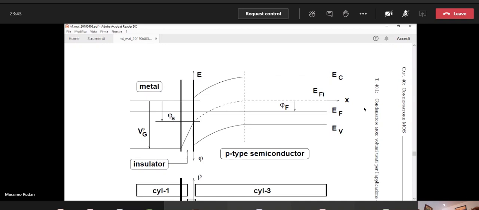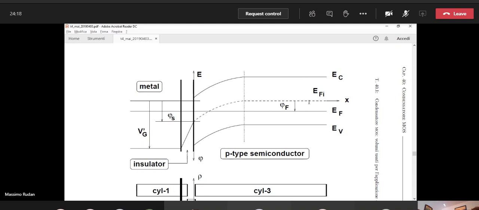In this figure, we assume that the semiconductor is uniformly doped with an acceptor dopant concentration. So you remember, if you look at the position of the Fermi level, E sub F, you have the upper edge of the valence band below. Then you have the lower edge of the conduction band above.